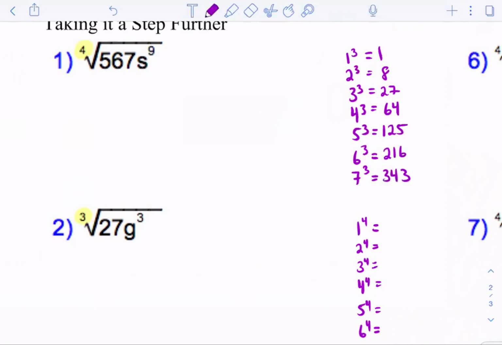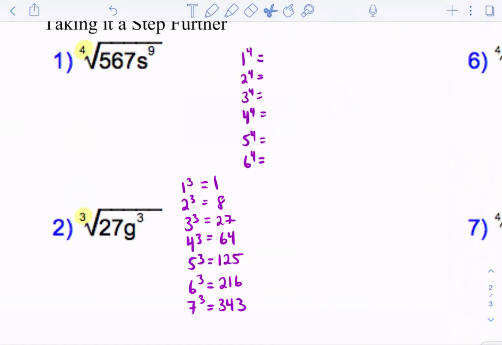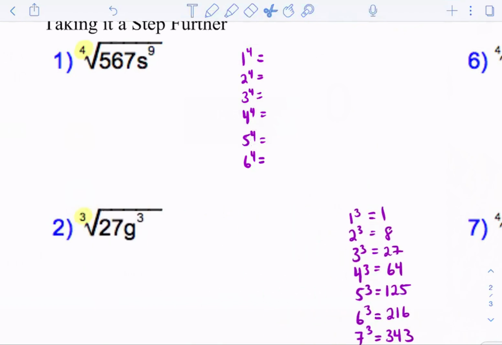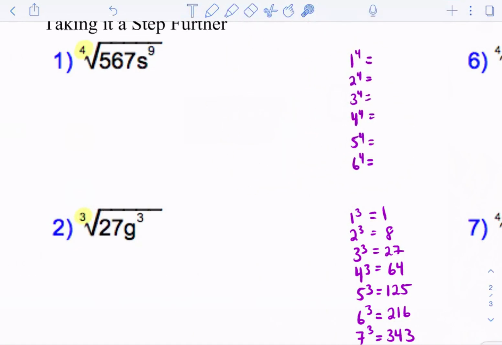So I actually should probably switch these because this problem right here is for the 3rd power. The top problem is for the 4th powers.